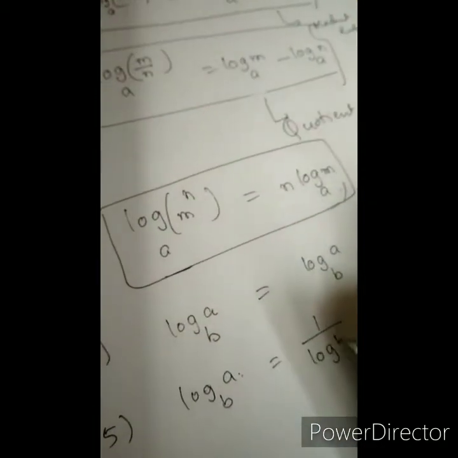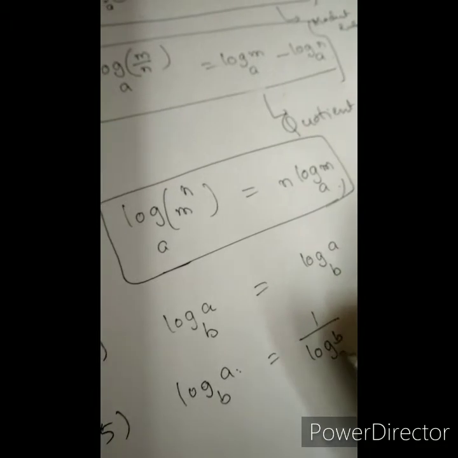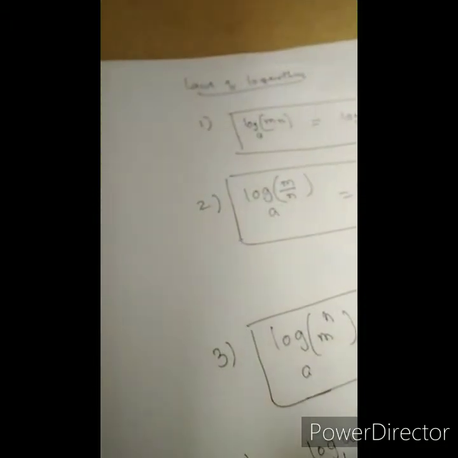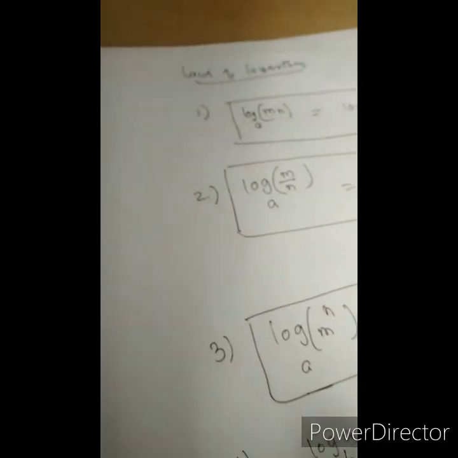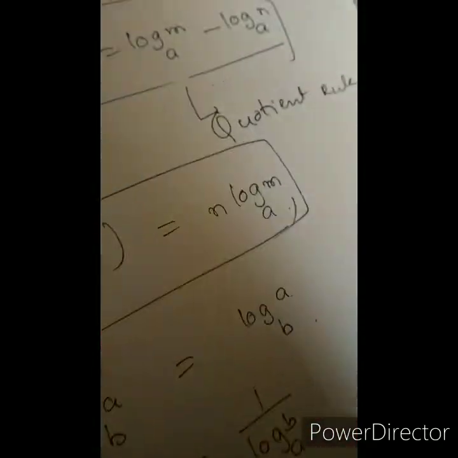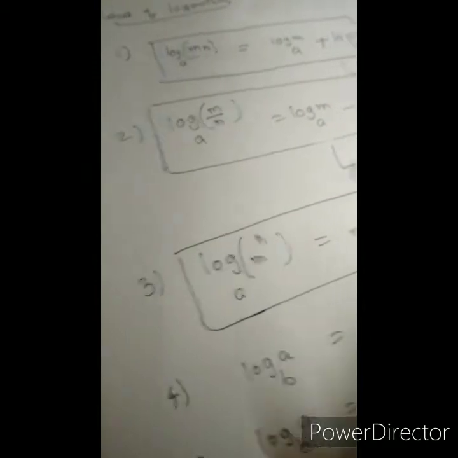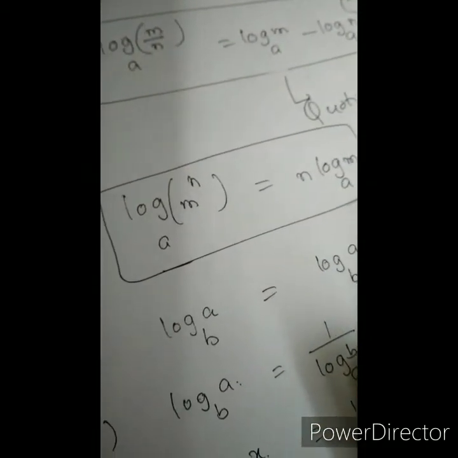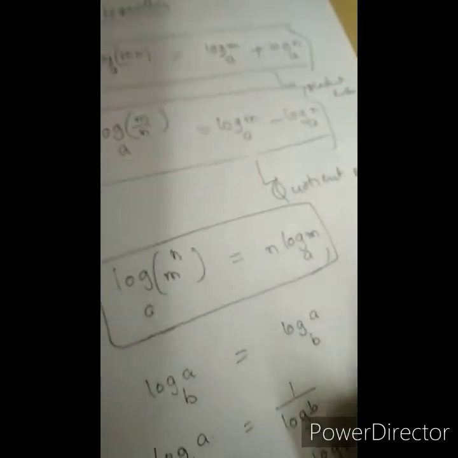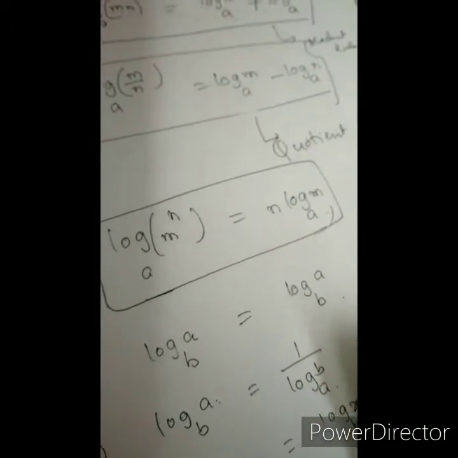Interchange here: the base becomes the number, and a becomes the base. And the sixth one, logarithm of x to the base a can be written as logarithm of x to the base b into logarithm of b to the base a.